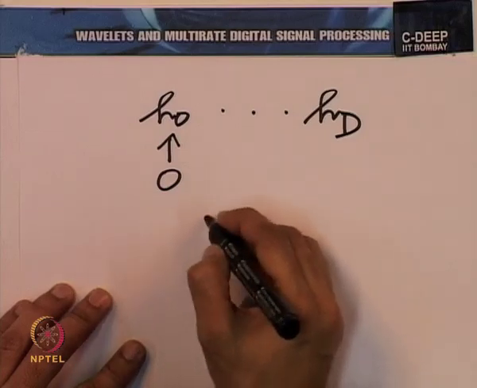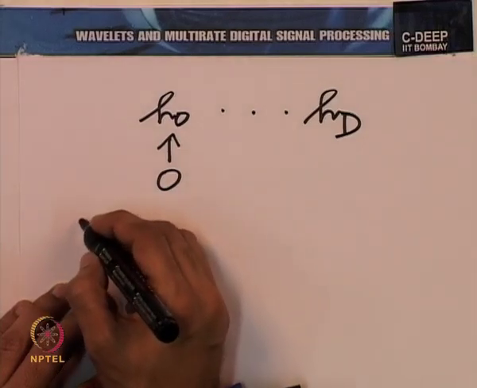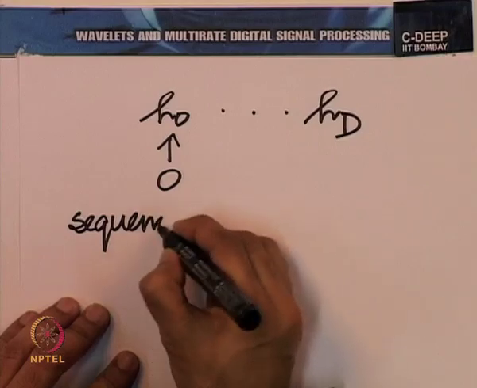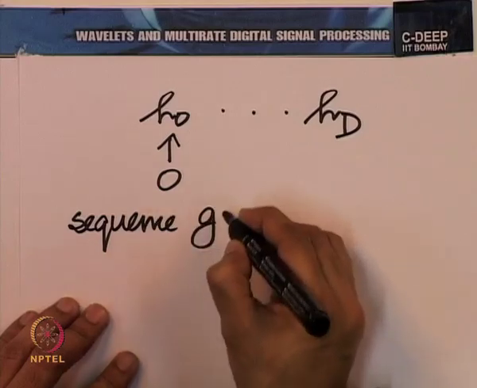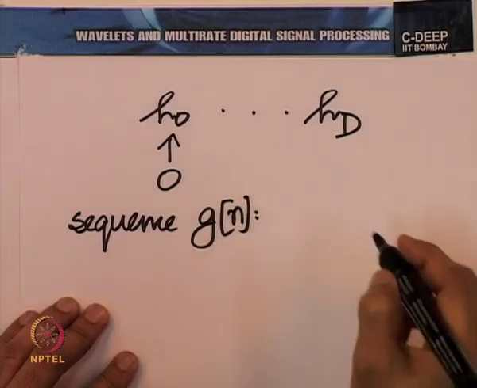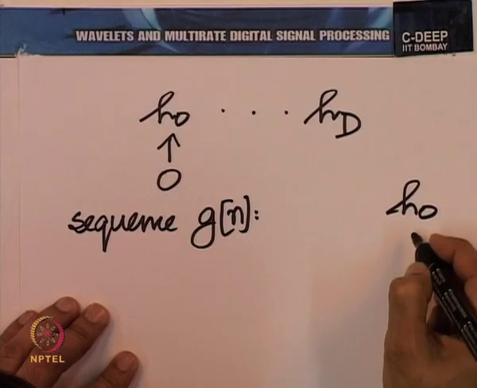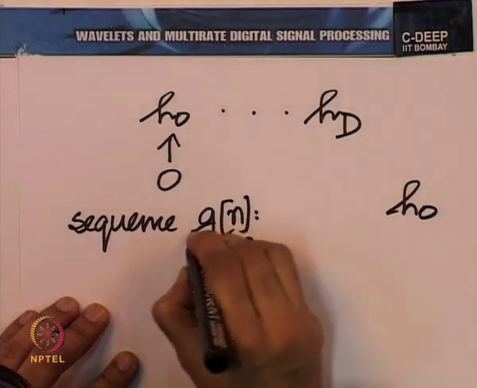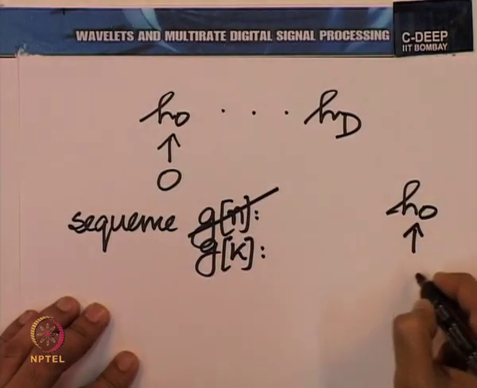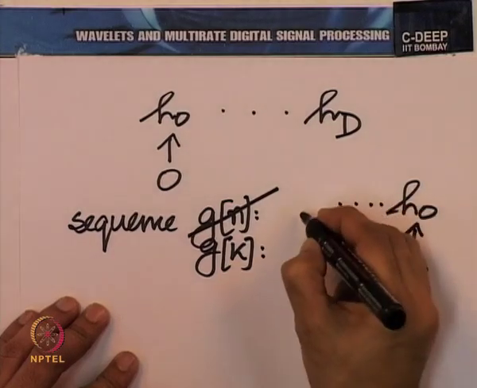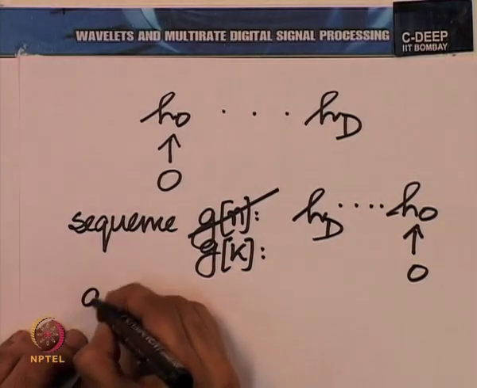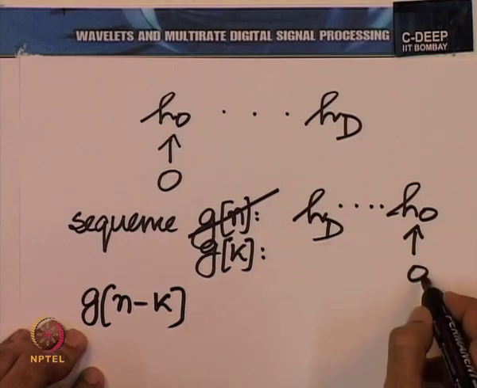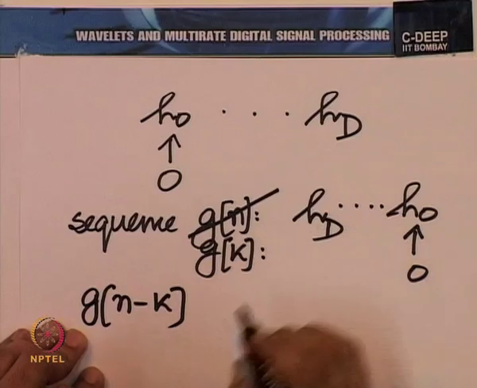When you make the other one move, you are doing two things. If essentially you have a sequence, let us call that sequence g[n] just for the time being. The sequence g[n] is this, or g[k] if you like. In which case the sequence g[n minus k], this is of course a function of k. So, k equal to 0, it is H0 and so on.